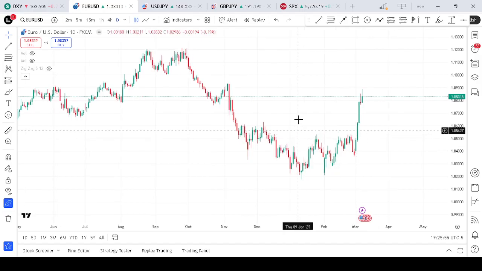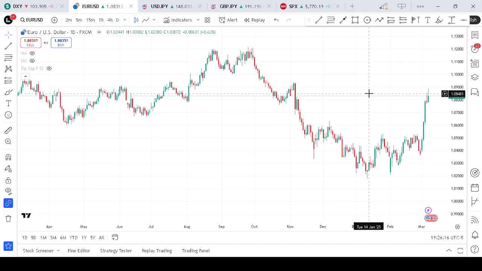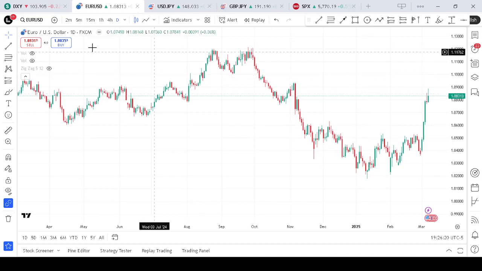So let's get started. We start by understanding what the swing zigzag indicator is all about. This indicator is a technical analysis tool used by traders to identify specific price movements while filtering out minor fluctuations in price.